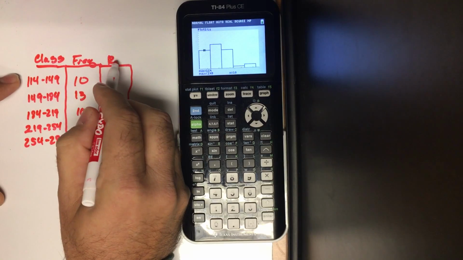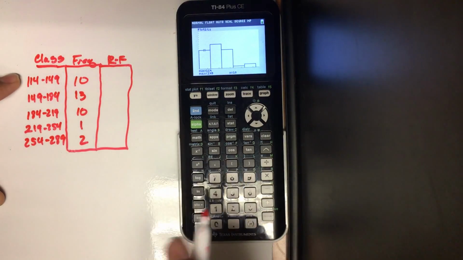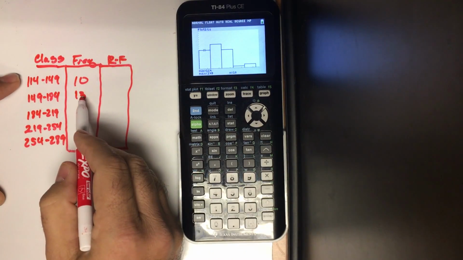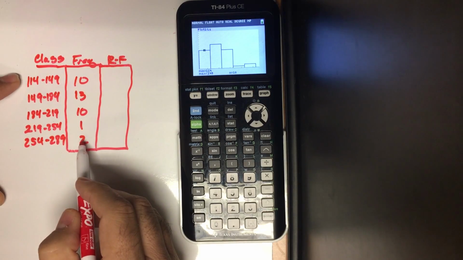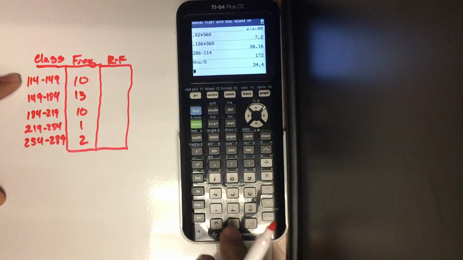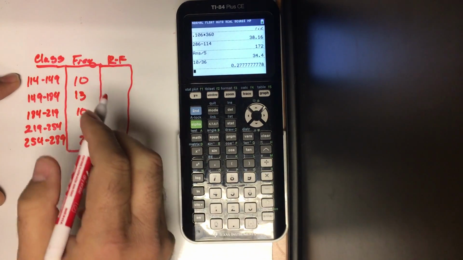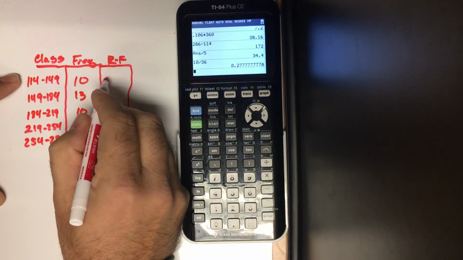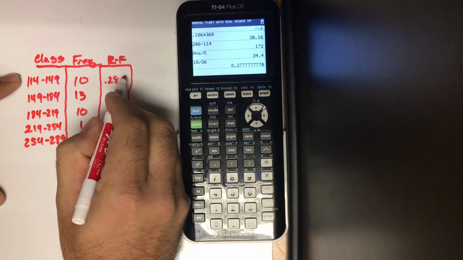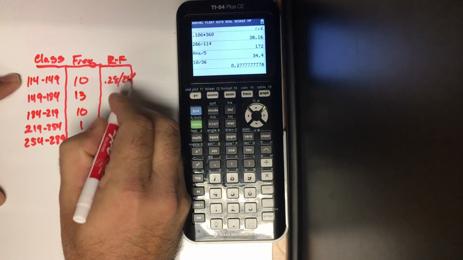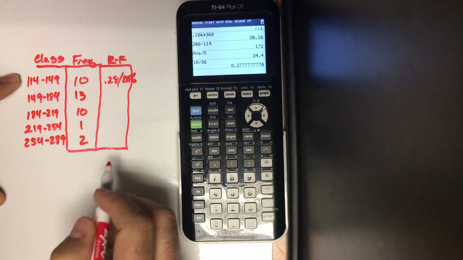So here's relative frequency. How many are there altogether? 10, 23, 33, 34, 35, 36. So we're just going to go 10 out of 36. That's 27.7%. We'll round that up and call that 0.28. And again, you could call that 28% if you wanted to, instead of as a decimal.